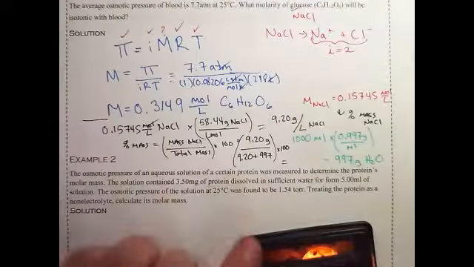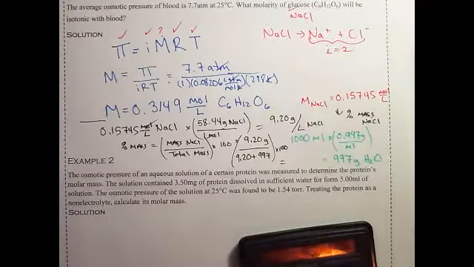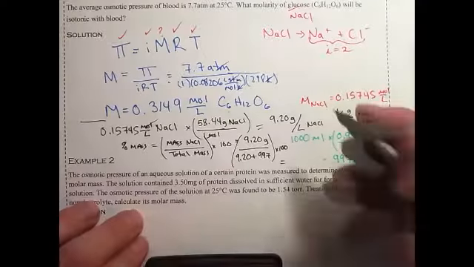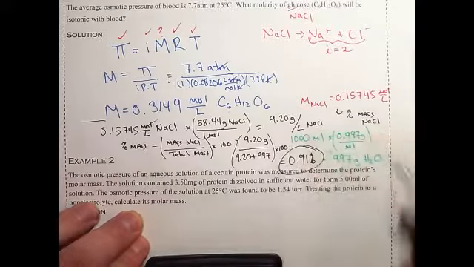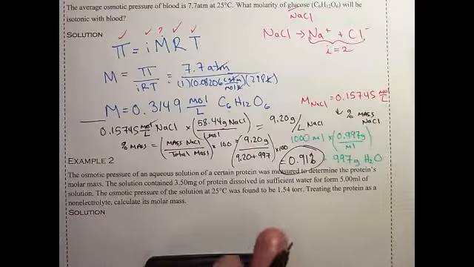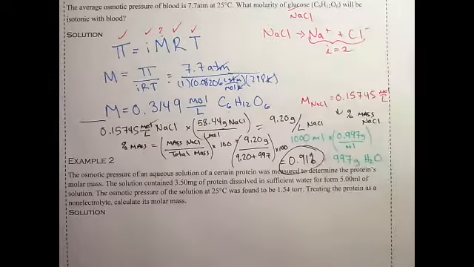Again, really kind of cramped in here. 9.2 divided by 9.2 plus 997 equals 0.91%. So an isotonic solution of sodium chloride with regards to a blood cell would be about 0.91% mass. So that is what it is. It's called a physiological isotonic solution, which is just a neat application of what we are trying to do and what we're working with.